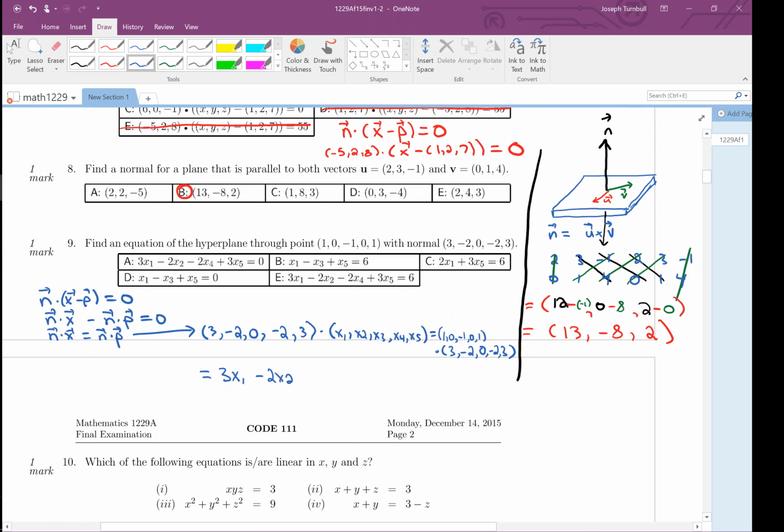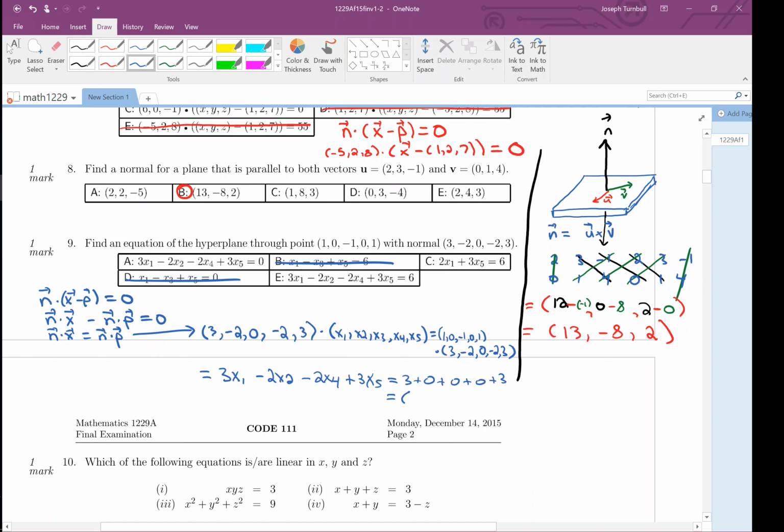So anything that has an x3 appear, you can cross out, because it should be 0 times x3. So b and d are gone. So 3x1 minus 2x2 minus 2x4 plus 3x5 equals, now the right hand side is our dot product, 1 times 3 plus 0 times 2 plus negative 1 times 0 plus 0 times negative 2 plus 1 times 3.